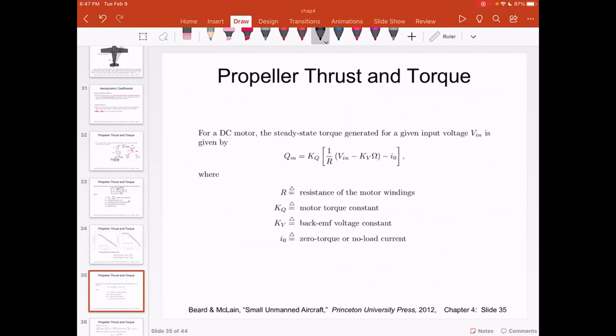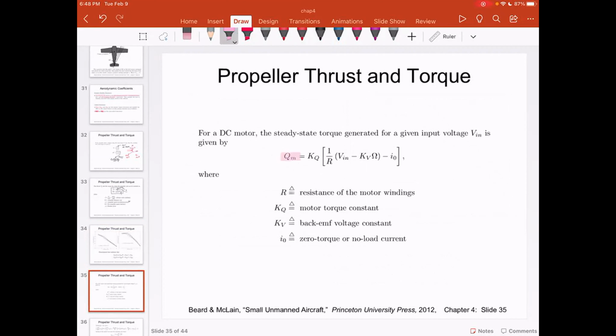Now we are going to assume one simple observation, that our UAVs are flown by a DC motor. So basically we have a prop attached to a DC motor, and we don't assume an internal combustion engine, we assume a DC motor, so that our equations are significantly simplified.